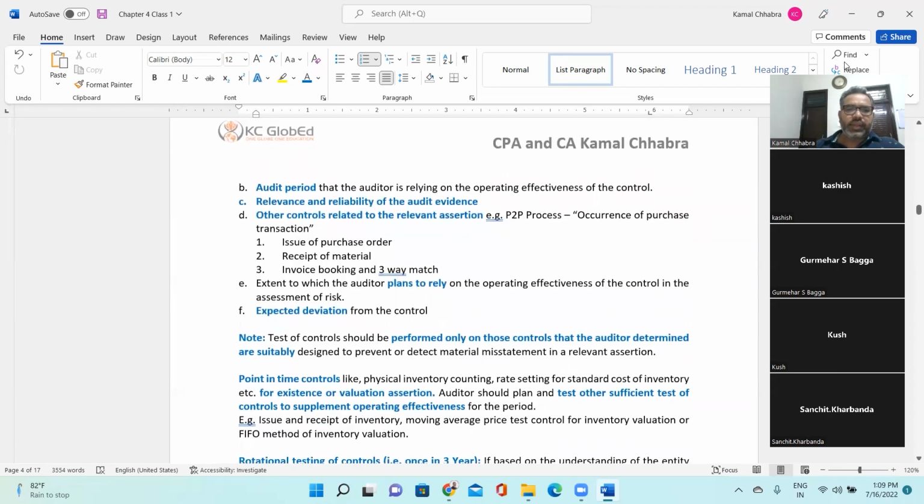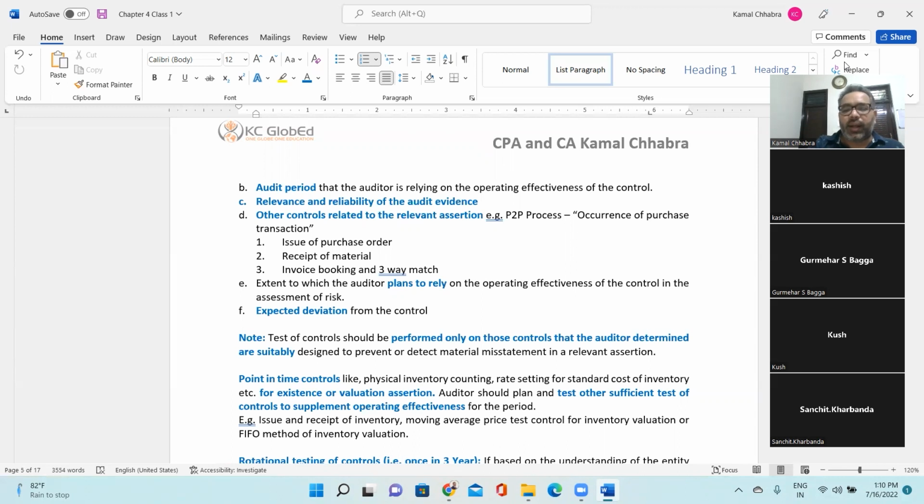So now the second factor in determining the extent of the test of control is the audit period that the auditor is relying on for operating effectiveness of control, whether the audit period is 3 months, 6 months, 9 months, 12 months, or 15 months, right? Third is relevance and reliability of the audit evidence.